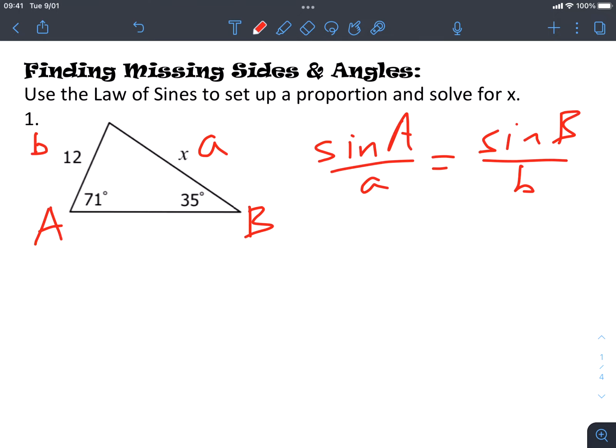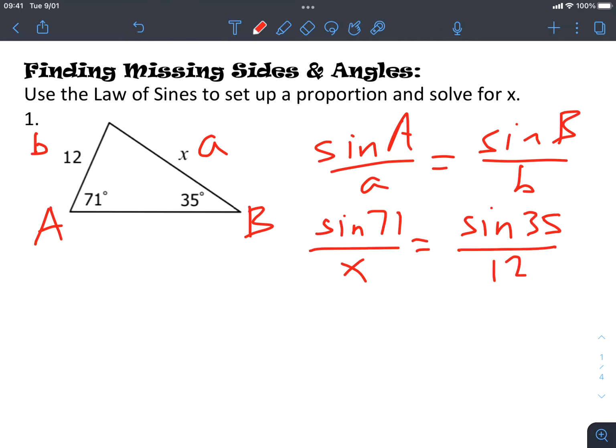So angle A is equal to 71 degrees, and side A, we don't know what it is. And angle B is 35 degrees, and little b is 12. Our side length is 12.